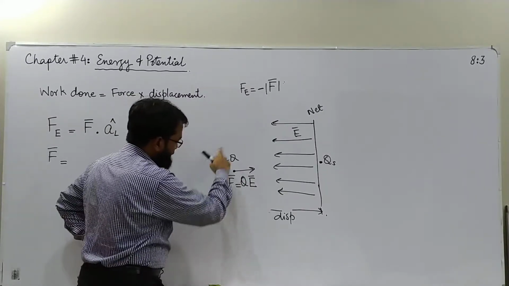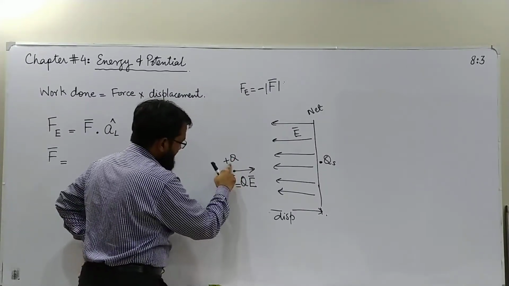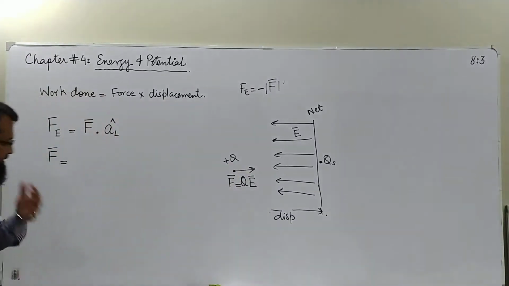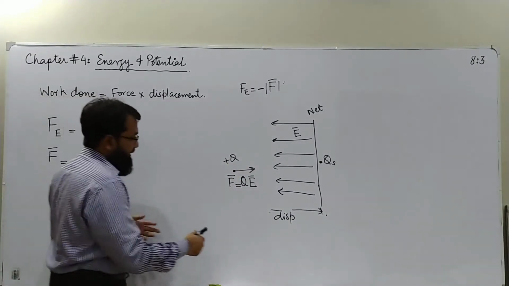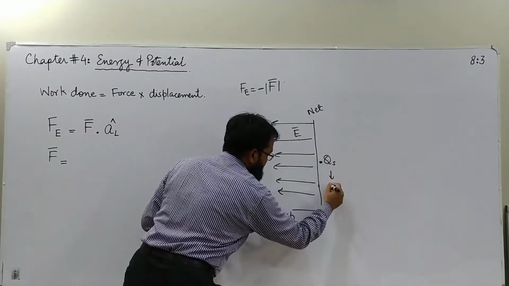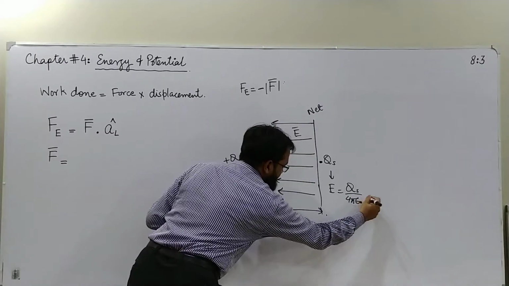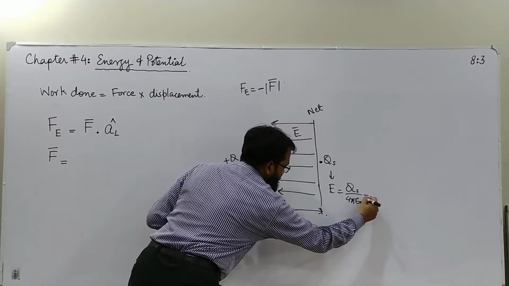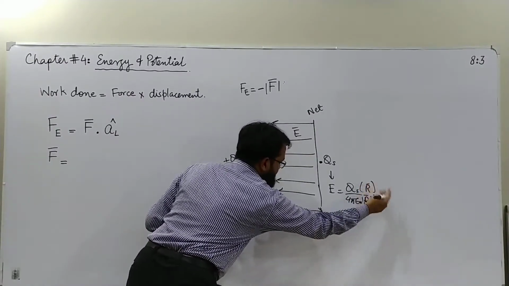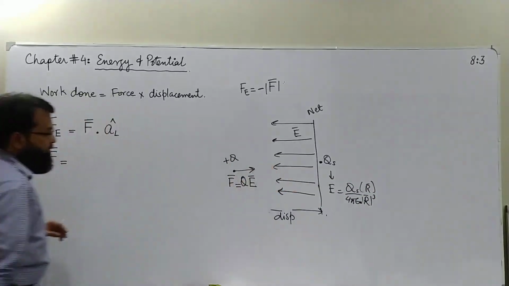So definitely the force experienced by this charge will be given by this well-known expression. Electric field intensity due to this is given by Qs upon 4 pi epsilon naught r magnitude cubed into r. So just replace E here, you will get Coulomb's formula.